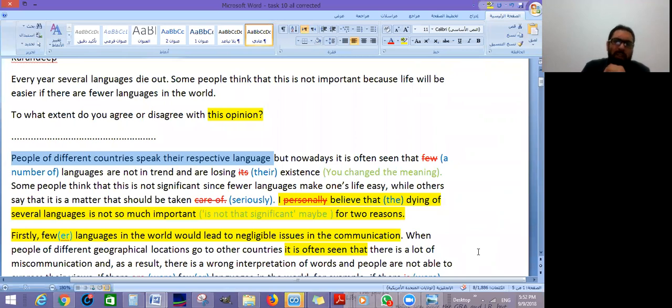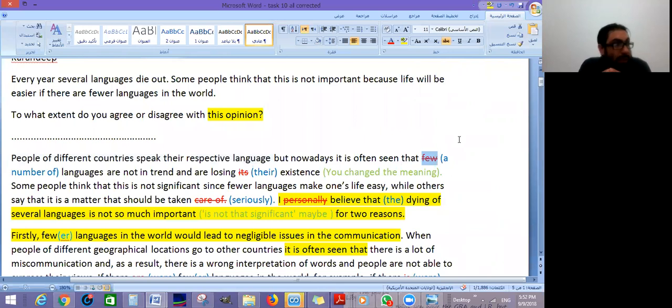But nowadays, it's often seen that few. Okay. Few, by the way, means not many in number, but when we say few without "a," few means that something is not high in number, but it also has a negative connotation.